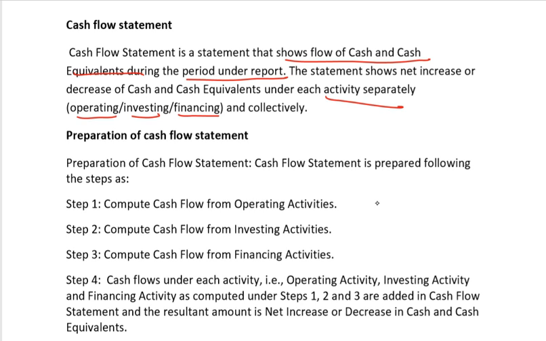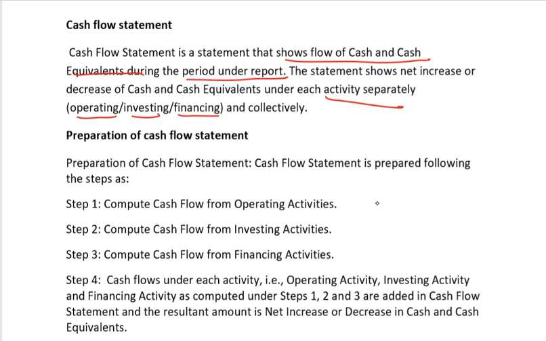Okay, next, financing activity. The business needs finance for conducting its business. How are they getting it? They are issuing their shares and debentures, or they are taking loans from a financial institution. Those financing activities are inflows: taking a loan, issuing shares or issuing debentures, etc. And making redemption or repayment of loans, etc., are the outflows of cash under financing activity.